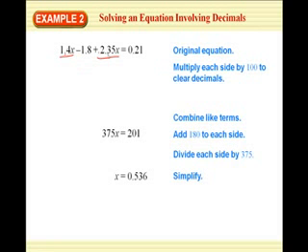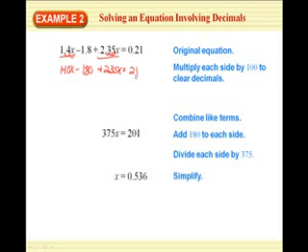What has the most decimal places? This one has 2 places. So if I multiply it by 100, it would move the decimals all the way over here. So you pick the biggest one, and you're going to multiply everything in here by 100. So by multiplying by 100, you move the decimal 2 places to the right. So that becomes 140x. This is 180. This is 235x, and that becomes 21.